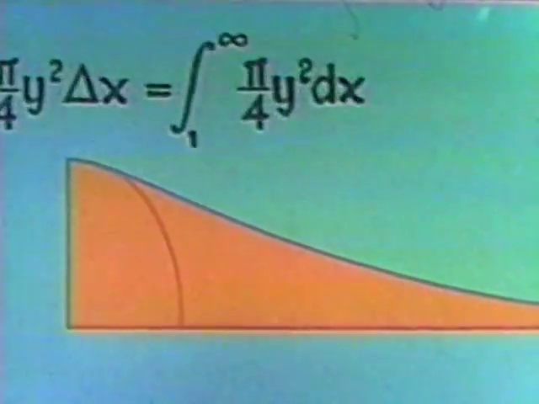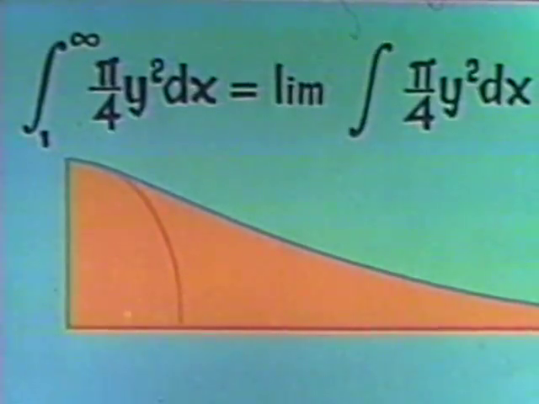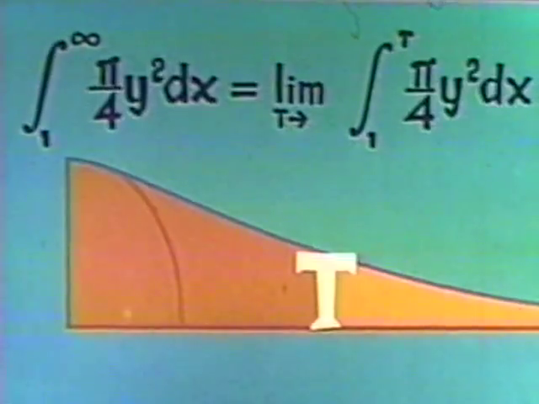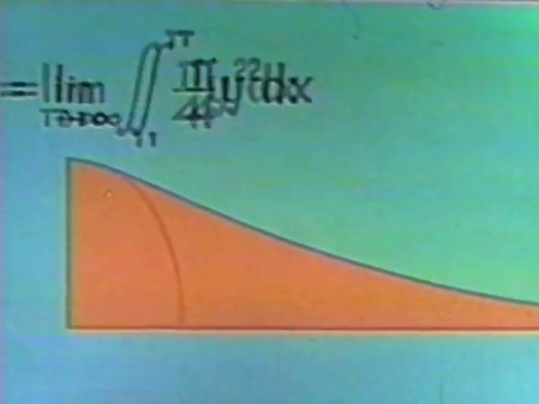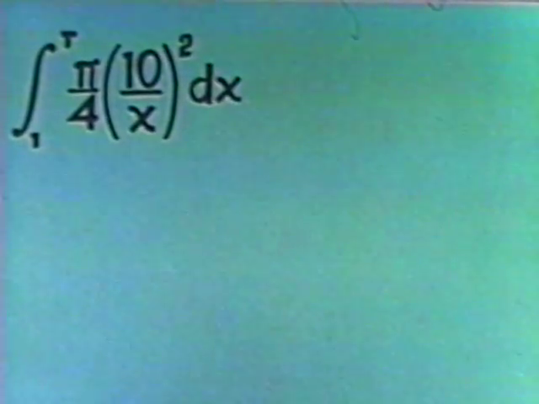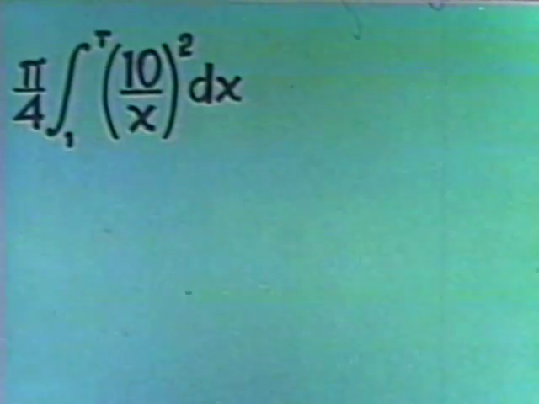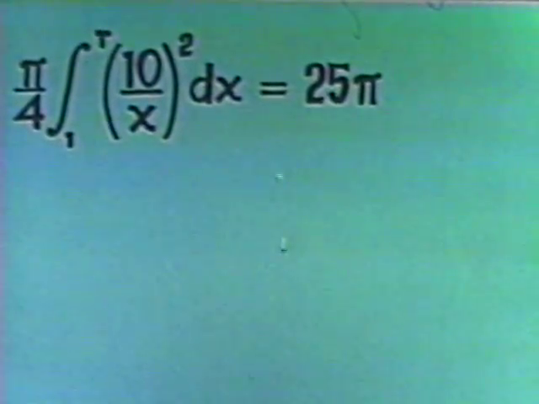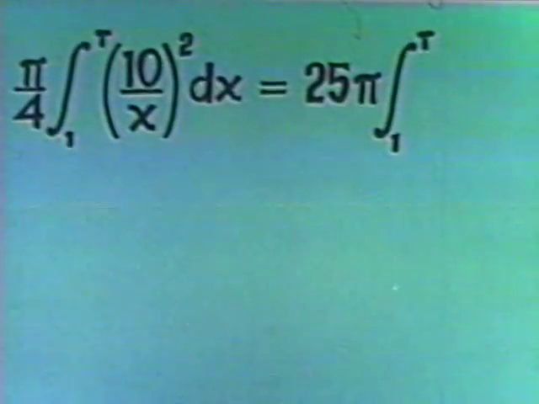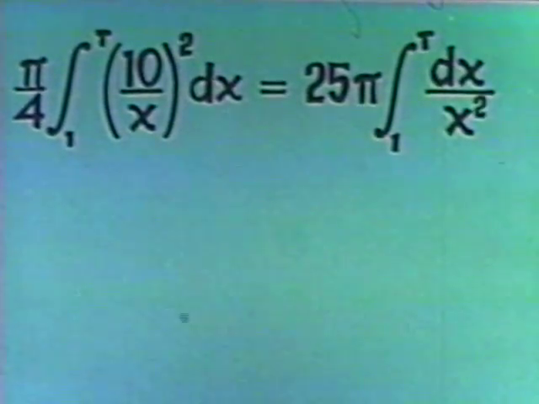Of course, what this means is the limit of the integral from 1 to, say, t, as t goes to infinity. We plug in 10 over x for y, and the constant pi over 4 slides by the integral sign, and we get 25 pi times the integral from 1 to t of dx over x squared.